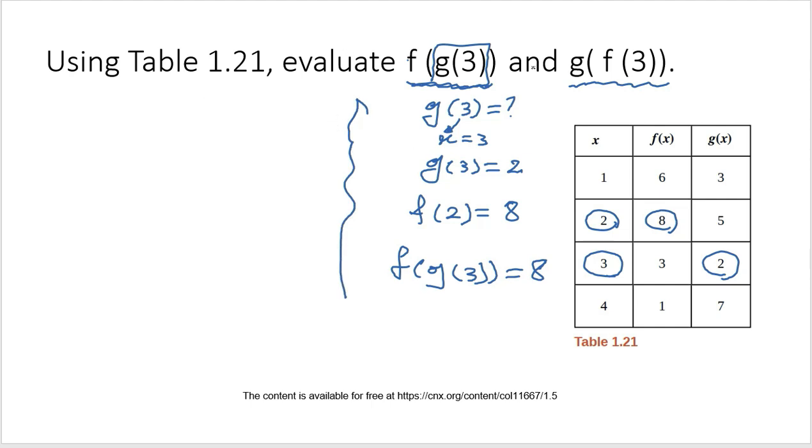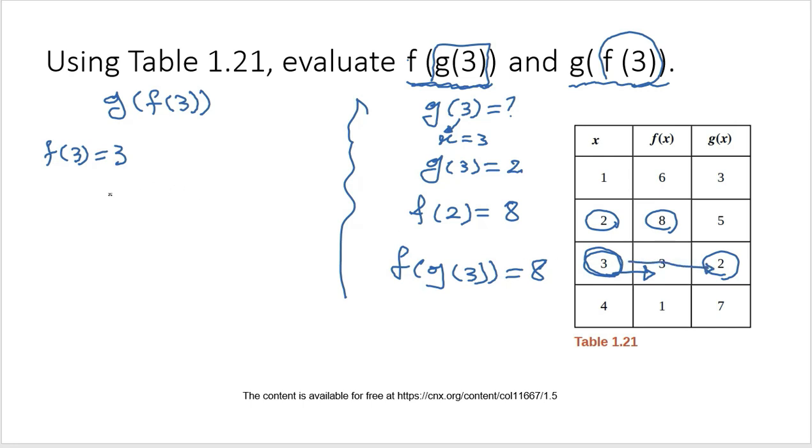Now next one, g of f of 3. Again, we need to find f of 3 first. So x is 3. f of 3 is also 3. Now g of 3, what is it?